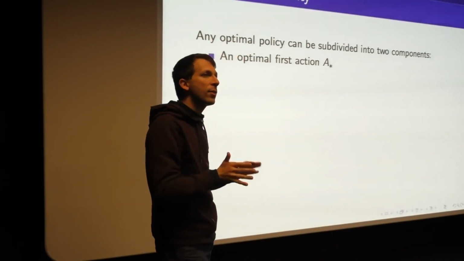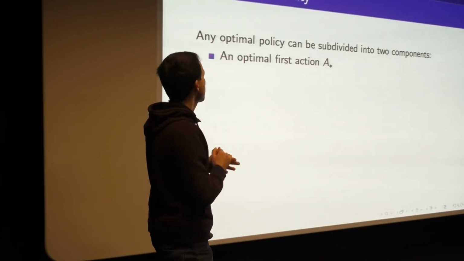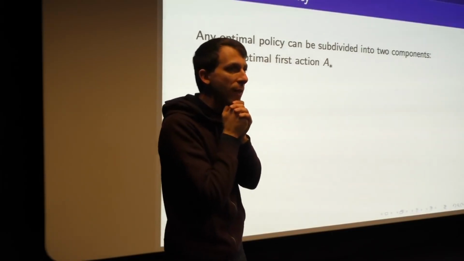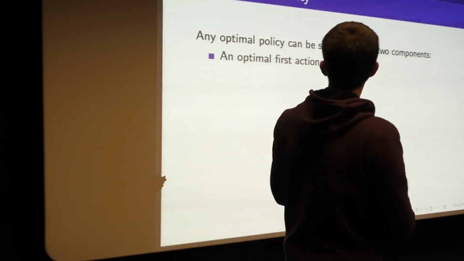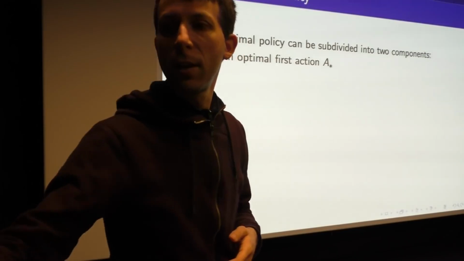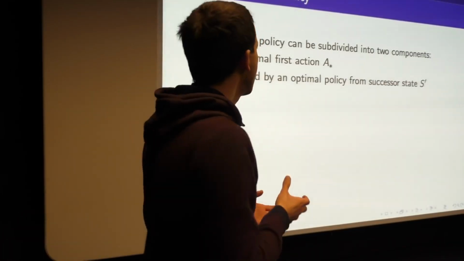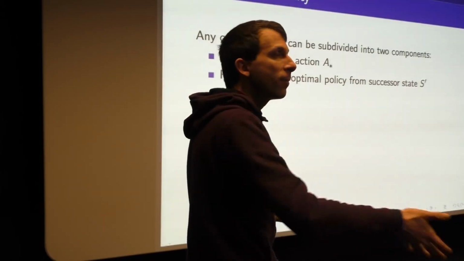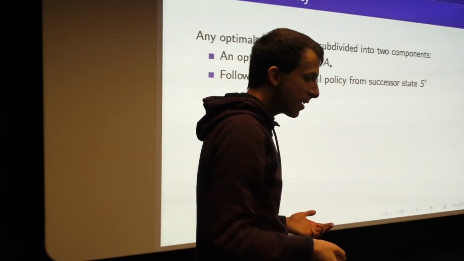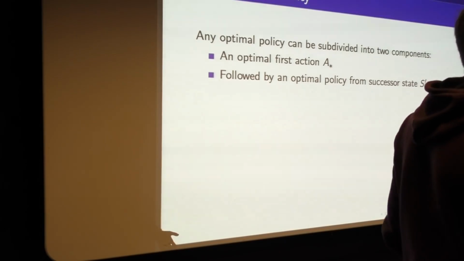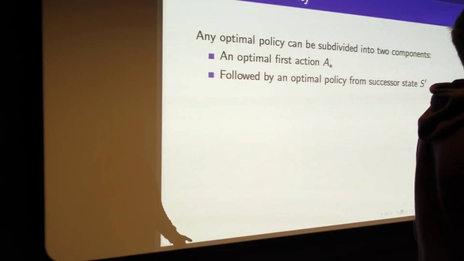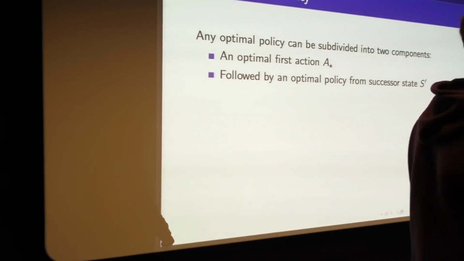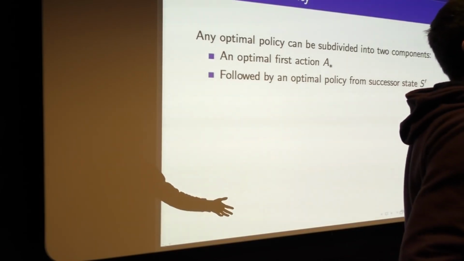Before we go into the details of value iteration, I want to return to the basic principle of dynamic programming, which is the principle of optimality. If you remember, we can subdivide any optimal policy into two pieces. I have to take an optimal first action, and then after that I follow an optimal policy from wherever I end up, and then we can say that the overall behavior is optimal.